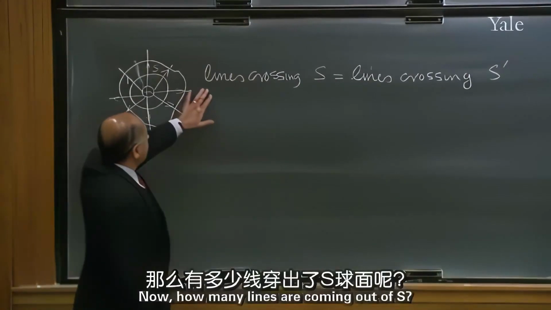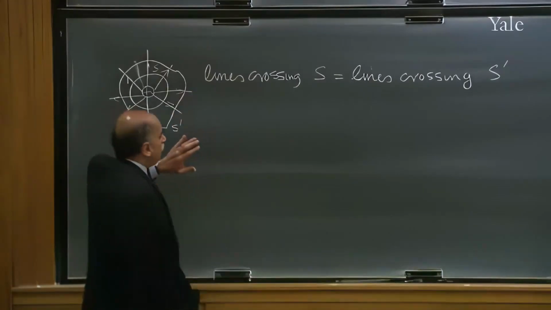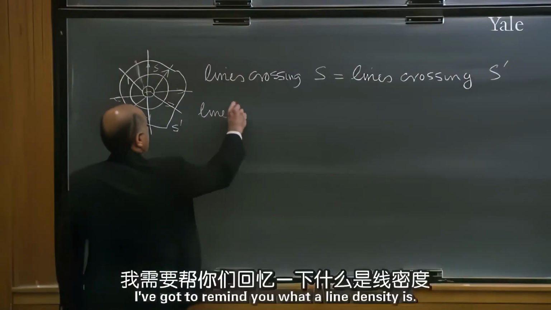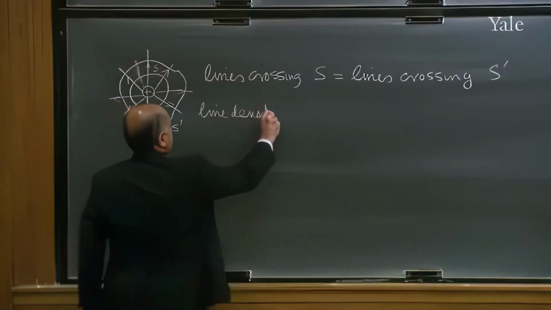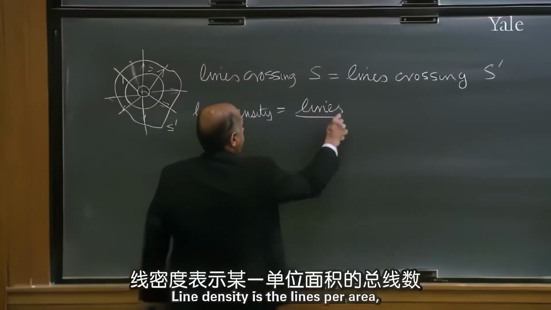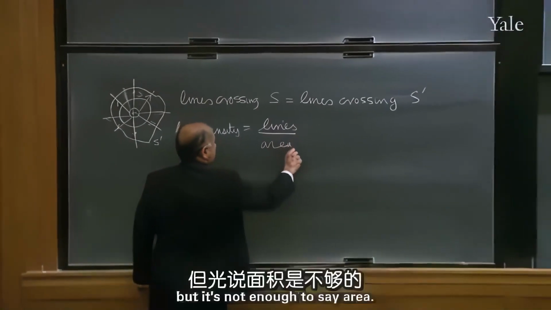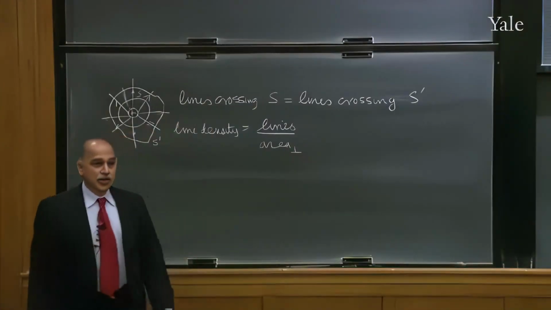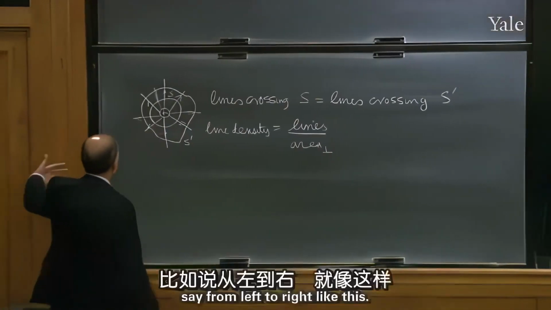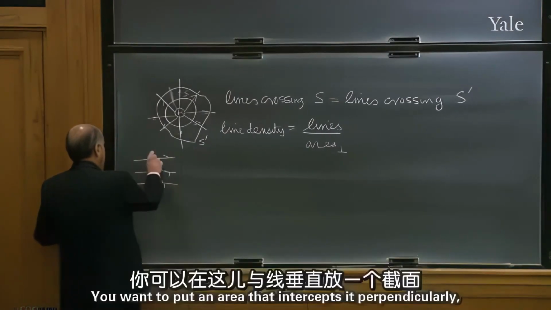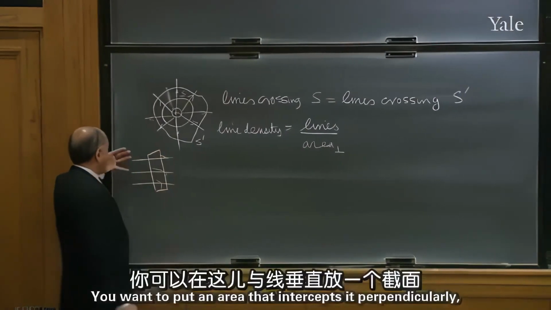Now, how many lines are coming out of S? We know, first, the notion of line density. I got to remind you what a line density is. Line density is the lines per area, but it's not enough to say area. I'm going to put a perpendicular symbol there. That means if the lines are going, say, from left to right, like this, you want to put an area that intercepts it perpendicularly.